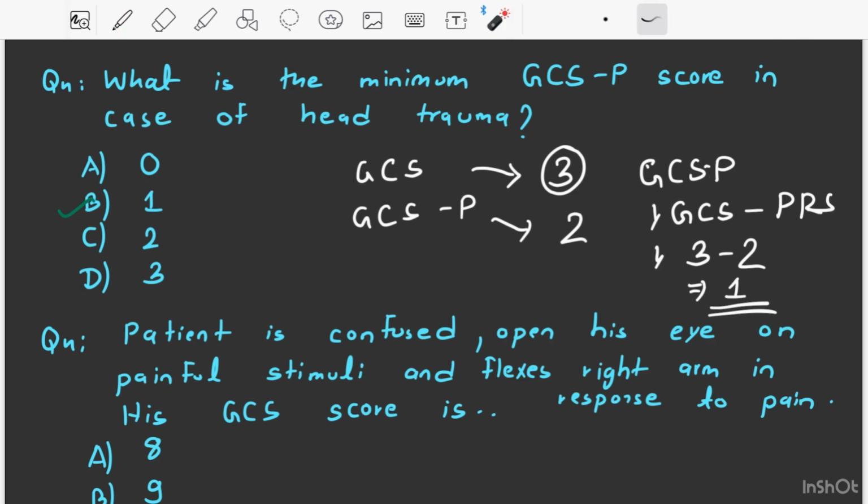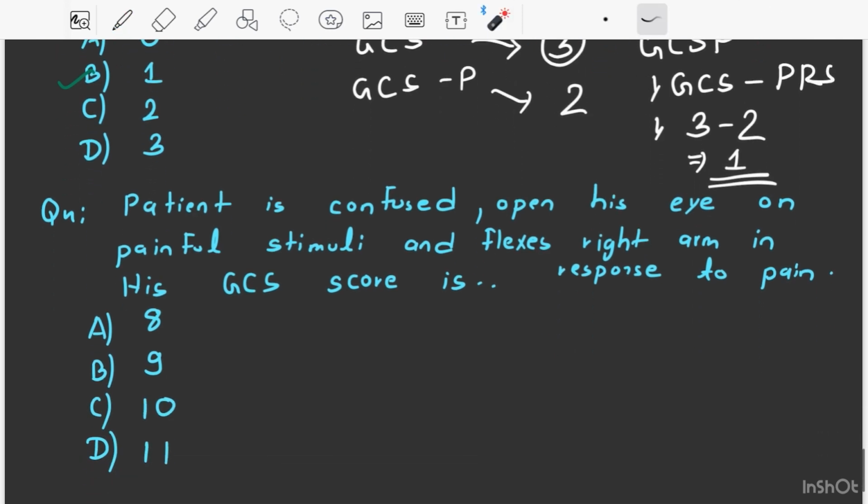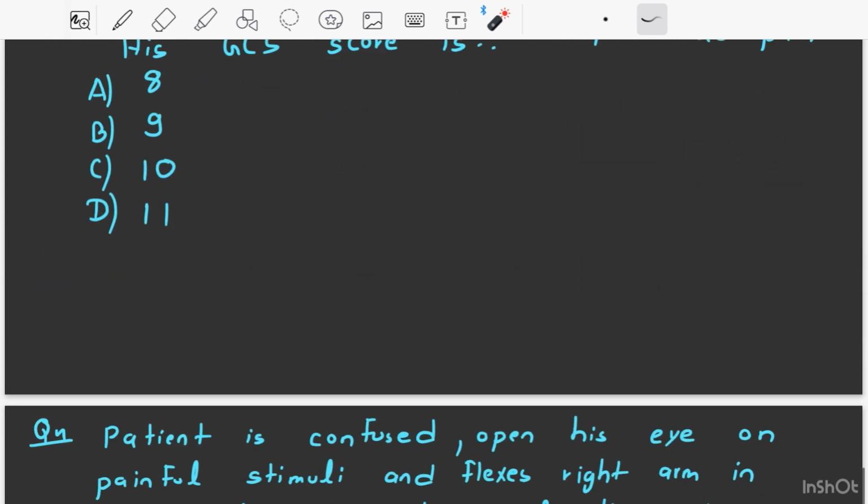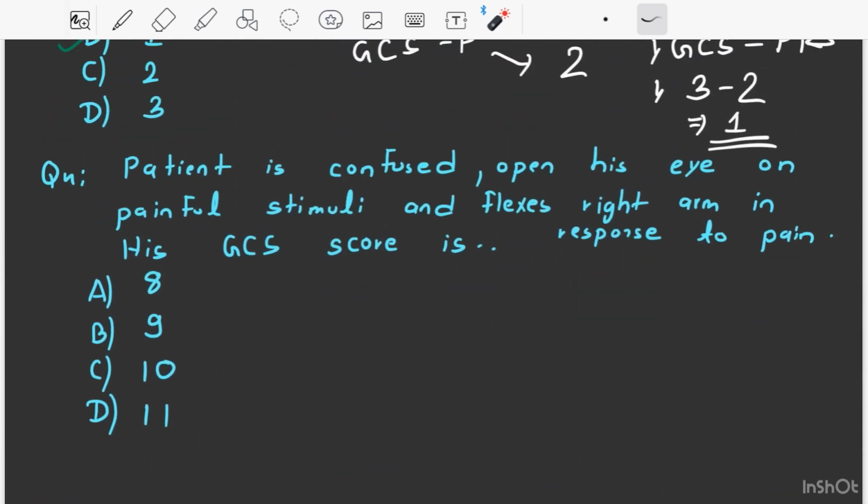Now next question. Patient is confused, opens his eyes on painful stimulus and flexes right arm in response to pain. His GCS score is? So we have to assess 3 parameters differently, that is eye opening, verbal response and motor response. Here the patient opens his eyes on painful stimulus, so his eye opening is 2.